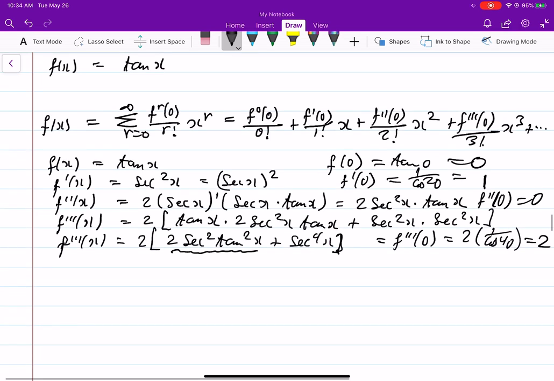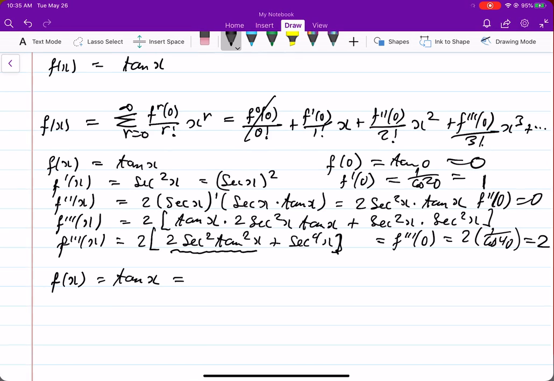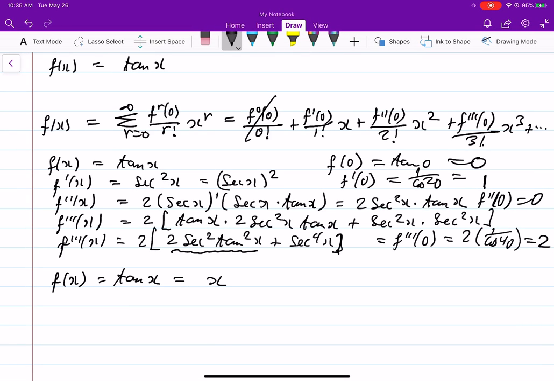So let's plug in. I'll double check my numbers anyway. I know y'all do a good job; if I have any errors in there, you'll find them. f of x is equal to tan x. And when I get the series expansion, f of 0 is 0, so this one disappears. f prime of 0 is 1, so 1 upon 1 factorial is 1 times x. f double prime is 0, so this disappears as well.